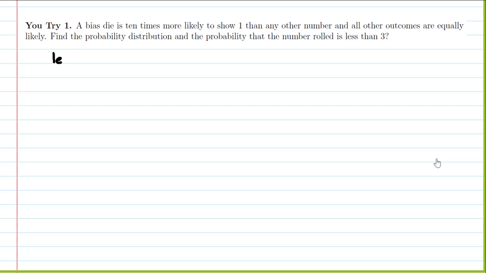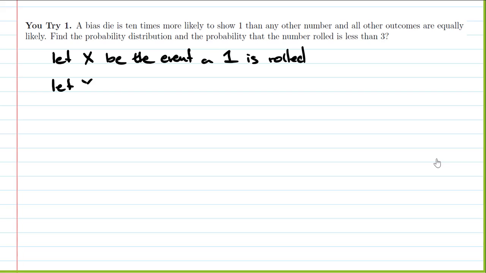So let's let X be the event a 1 is rolled, and let's let Y be any other number.